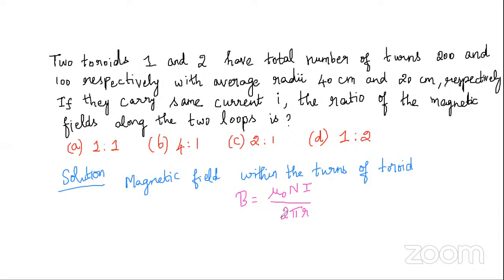The current carried in both the toroids is the same. So what we have to do is find out the ratio of the magnetic fields.